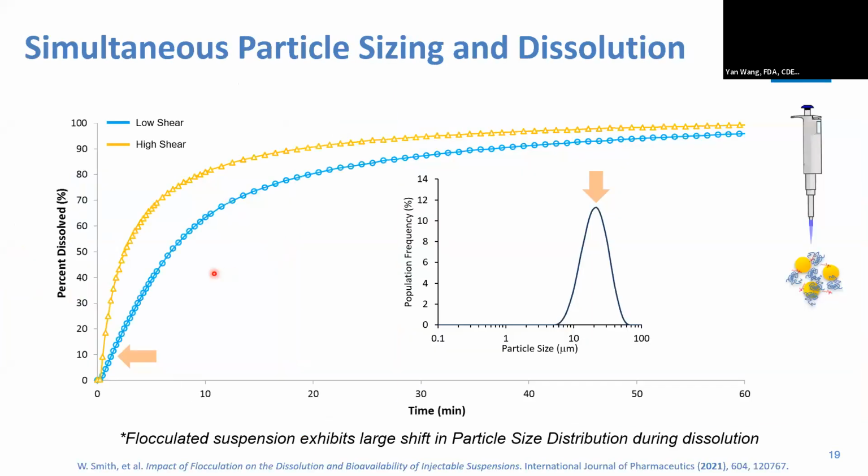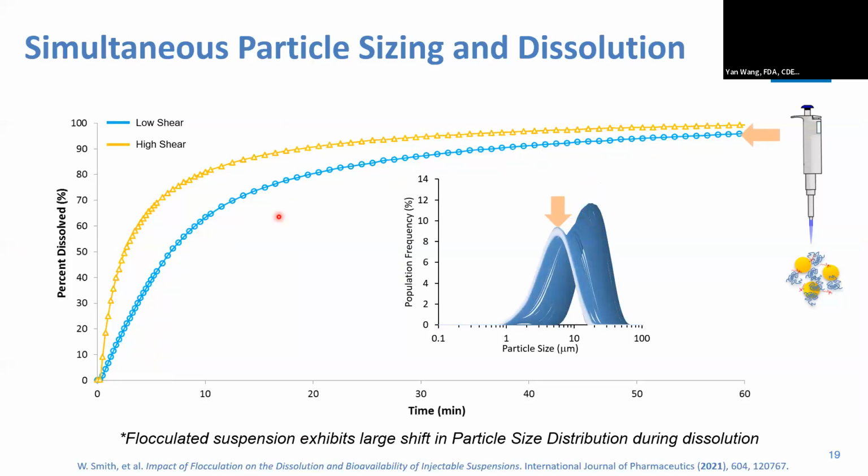So what I'd like to show you in this slide is quite interesting, which I don't think other papers have discussed. When you have a low shear rate and you introduce the particles as flocculates, they begin with a bigger particle size.